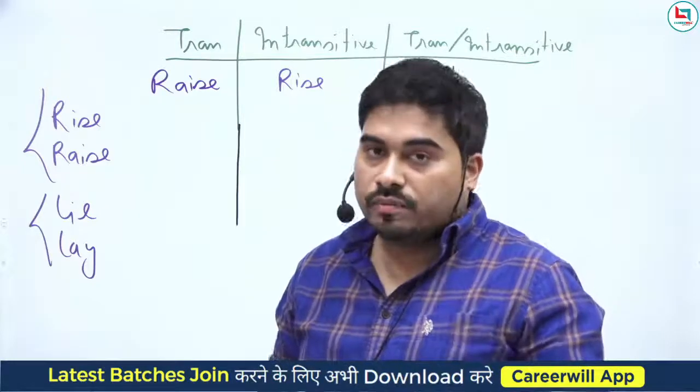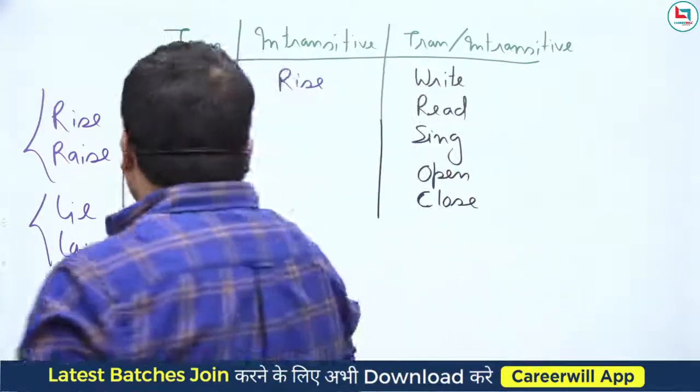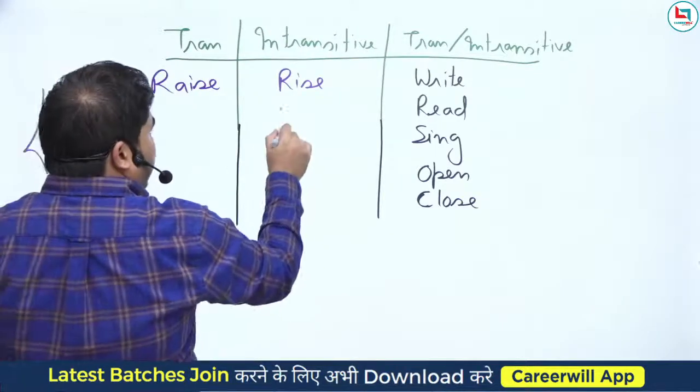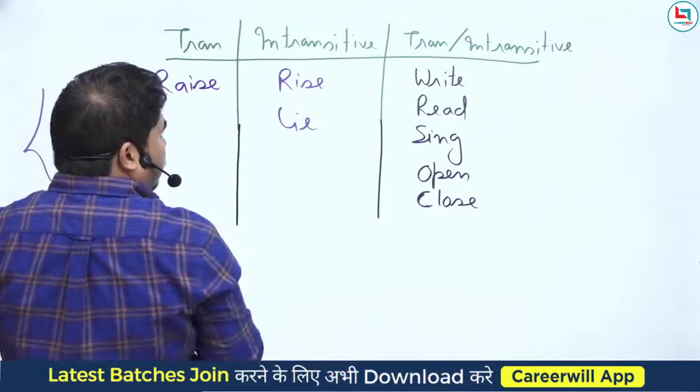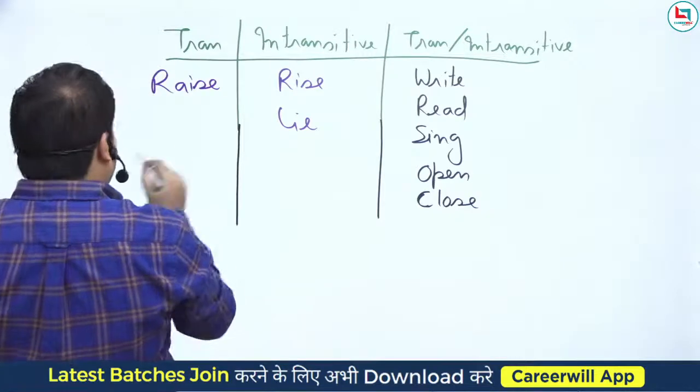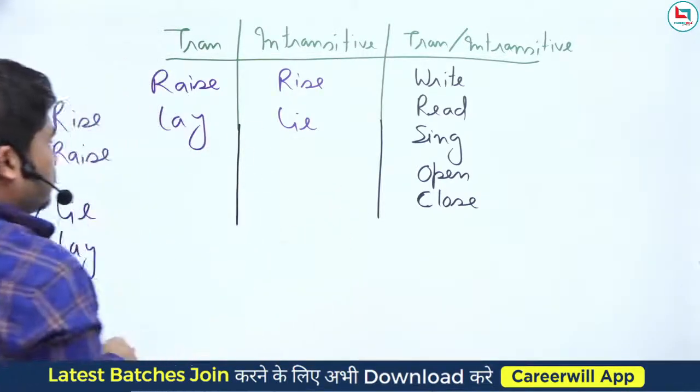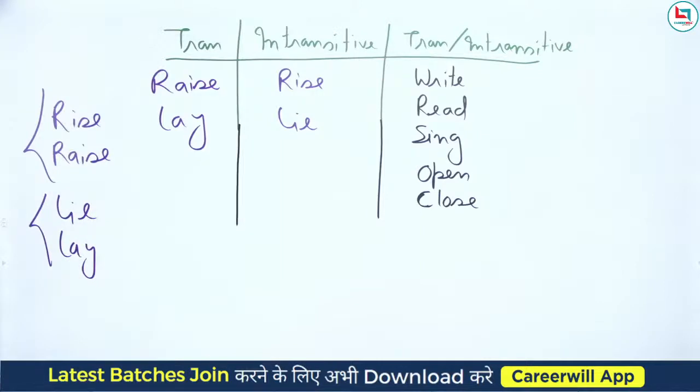This is the adverb of direction, that in which direction the sun rises. We have discussed lie and lay as well. So lie will fall in the intransitive category and lay will be under transitive, because lay takes its object, lie doesn't, right?